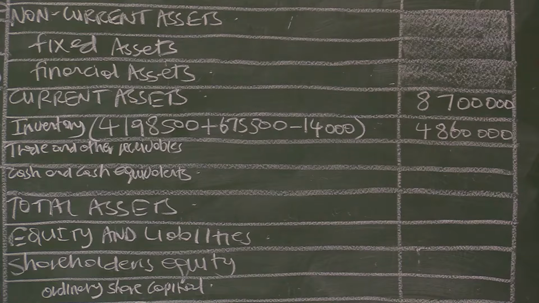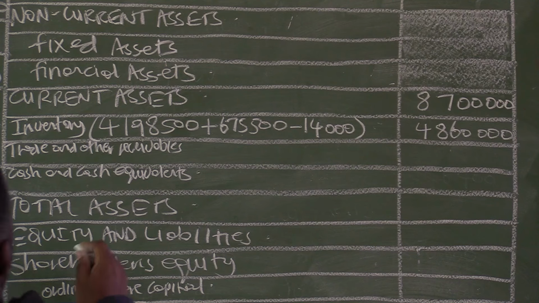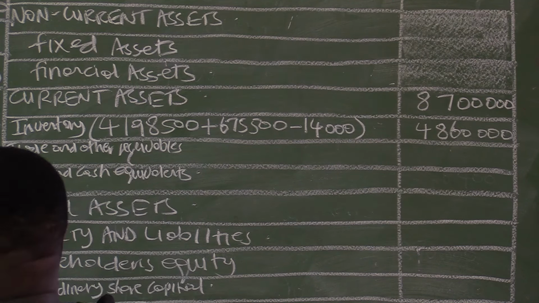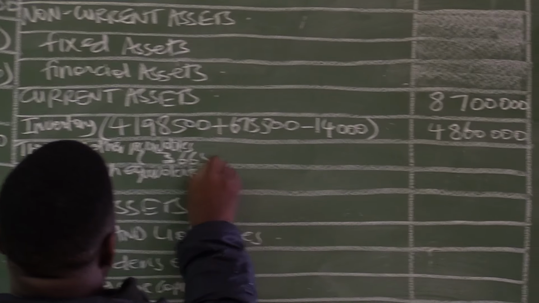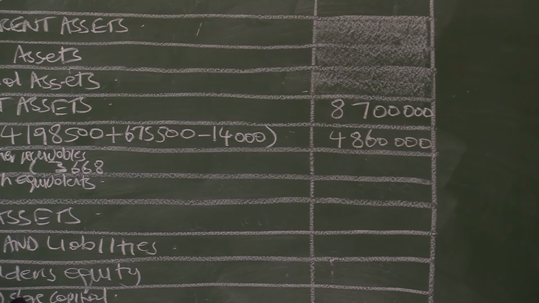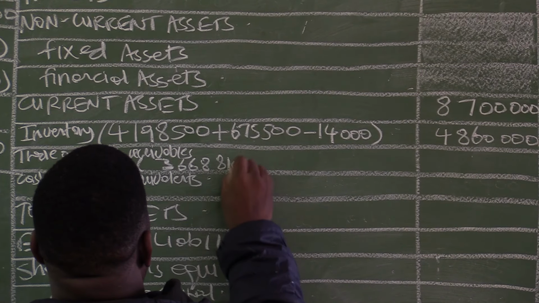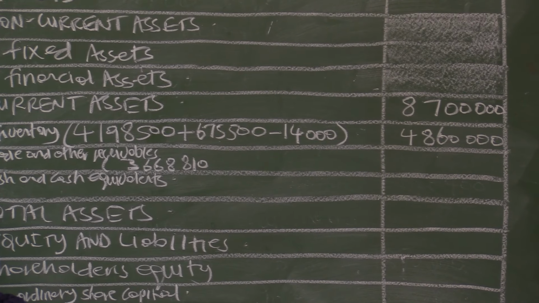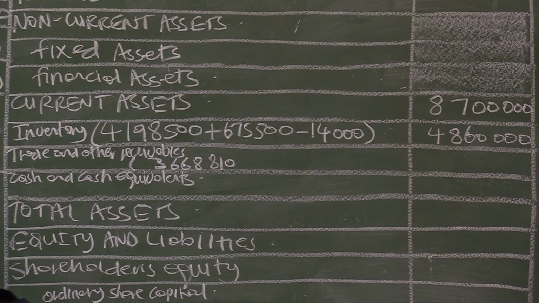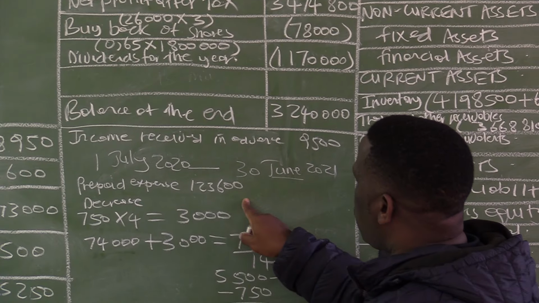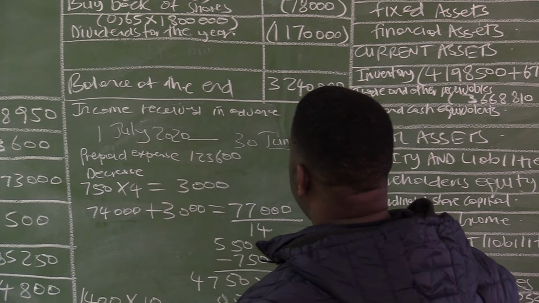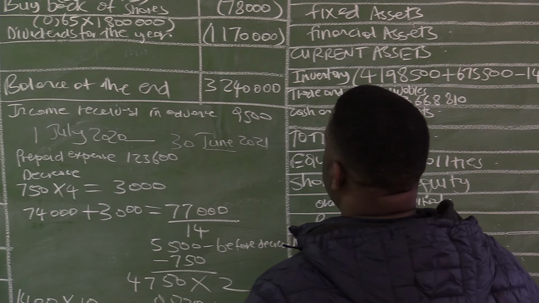Right, trade and other receivables. Trade and other receivables, we are talking of our debtors. Let's open up the brackets. Our debtors control, which is net trade debtors, is 3,668,810. That's our trade debtors. Remember that I said we need to remember this prepaid expense, and this prepaid expense is 123,600.